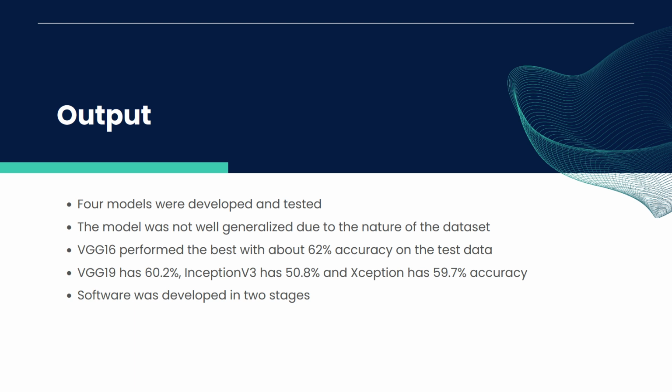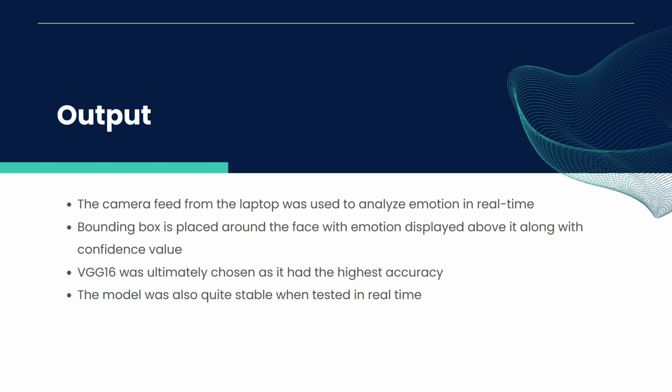The software was developed in about 2 stages. In the first stage, the models were developed, trained, and tested on the Paperspace platform. Then in the second stage, it was implemented on a local machine, that's my laptop, on VS Code. The camera feed from the laptop was used to analyze emotion in real time, using myself as a test subject.